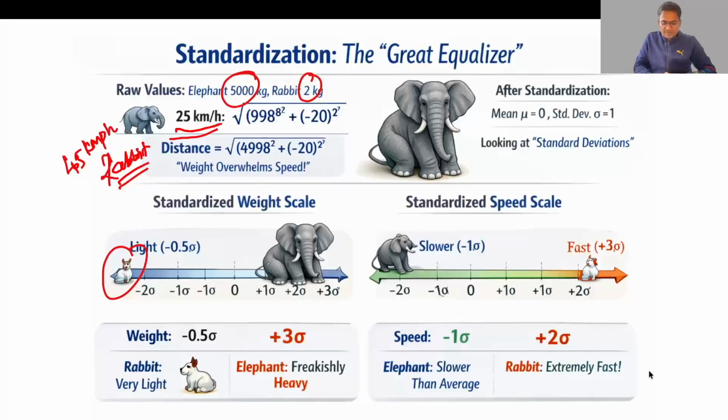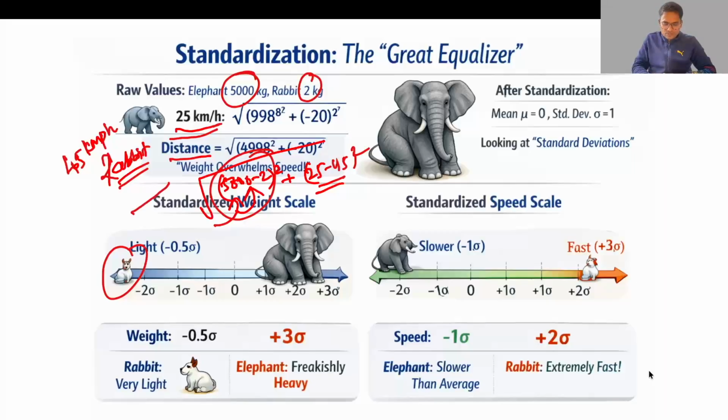If you compare the Euclidean distance, this is 499, it means the square root of (5000 minus 2) whole square plus (25 minus 45) whole square. If you see, the distance is dominated by the weight because it is too high. In 5000 minus 2, this distance is the prominent feature, and here this is very small.